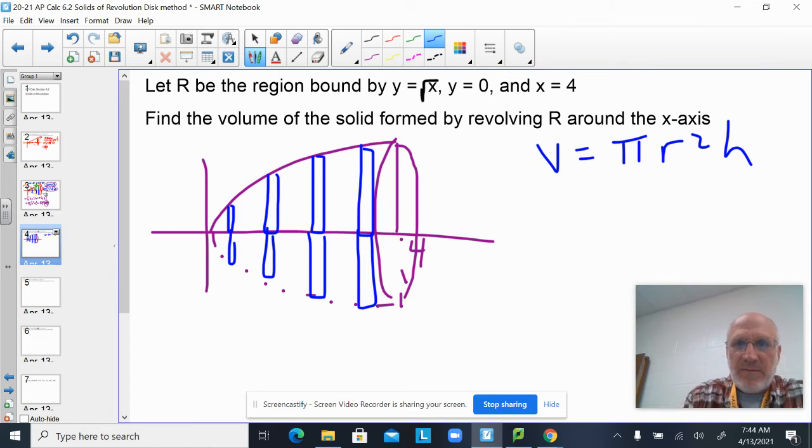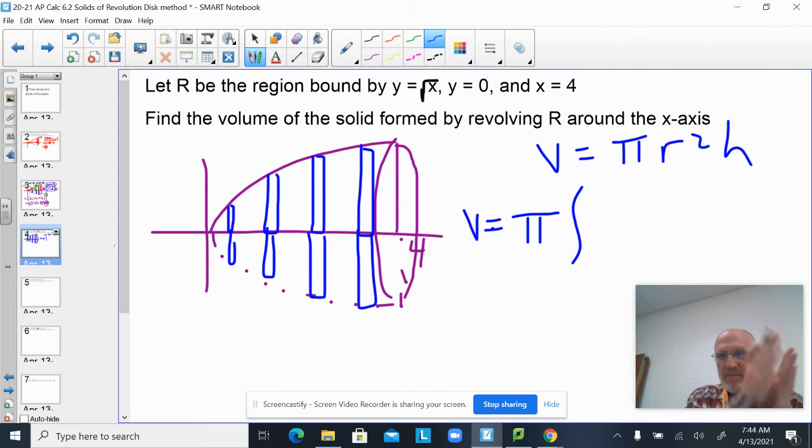But in this case, let me get a little space here. This would be my pi comes out front. Integral from A to B. Again, I'm summing up these disks from x equals 0 to x equals 4. So from 0 to 4. And the radius goes from the x-axis up to the curve.